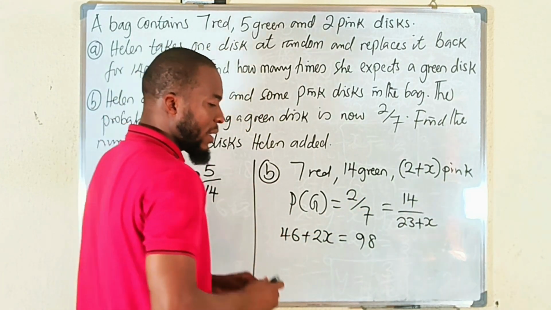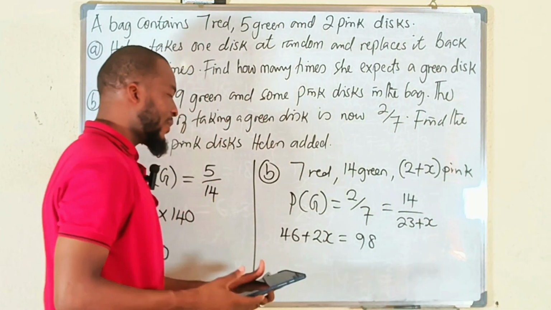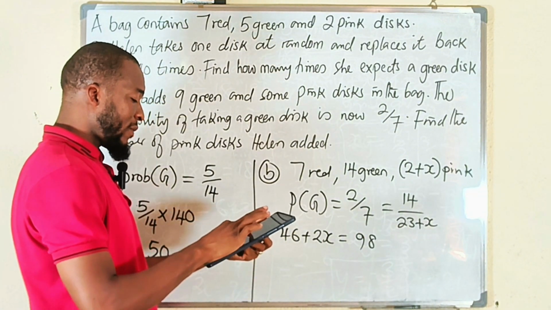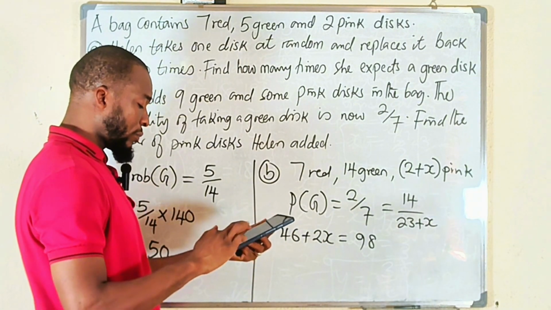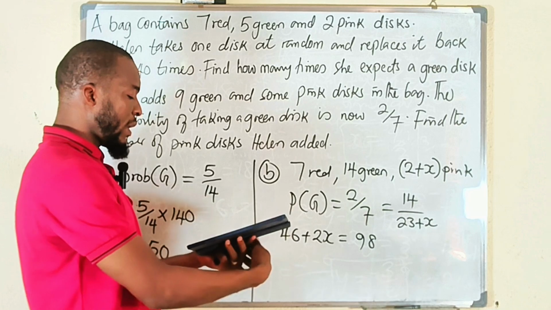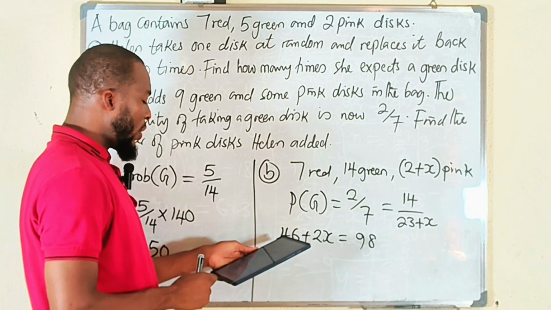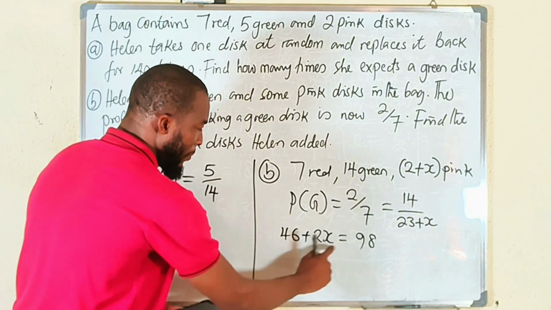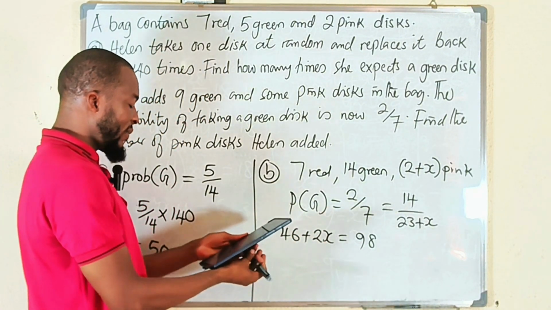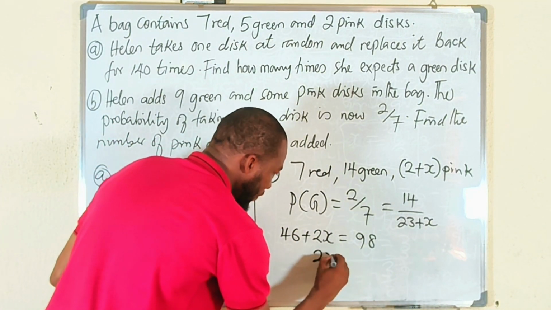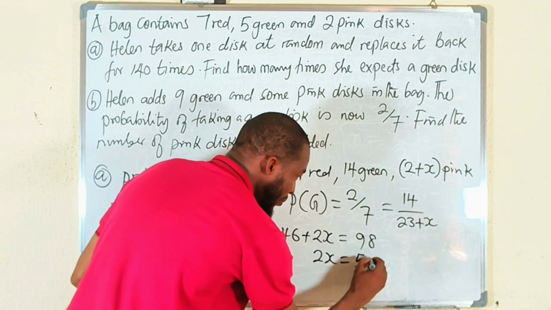All we have to do is to collect the like terms. We have 98 minus 46, which is 52, right? So 2X is equal to 52. I'm doing that mentally.